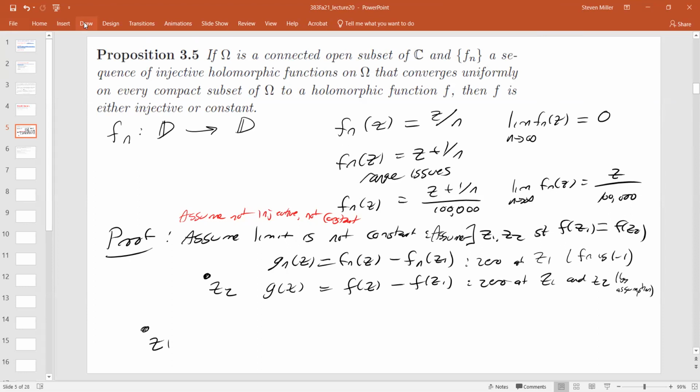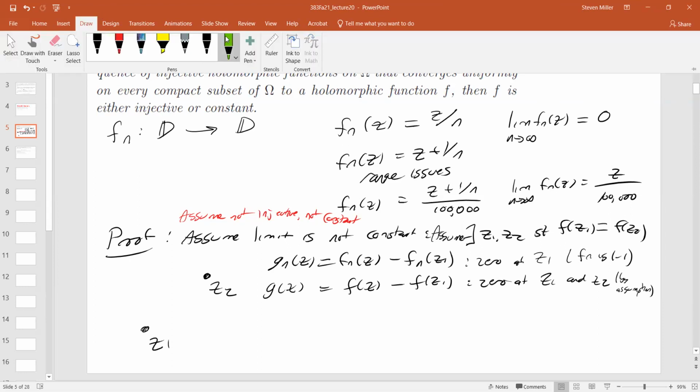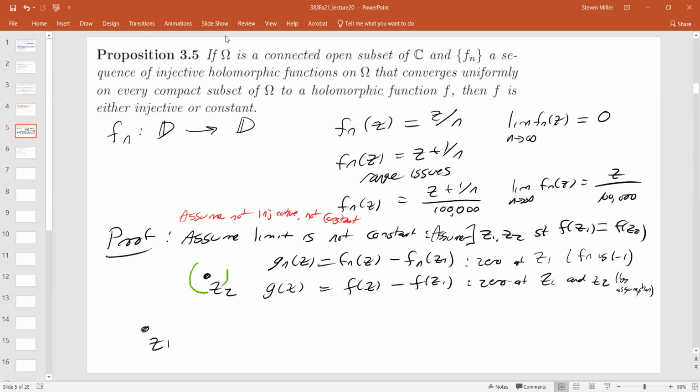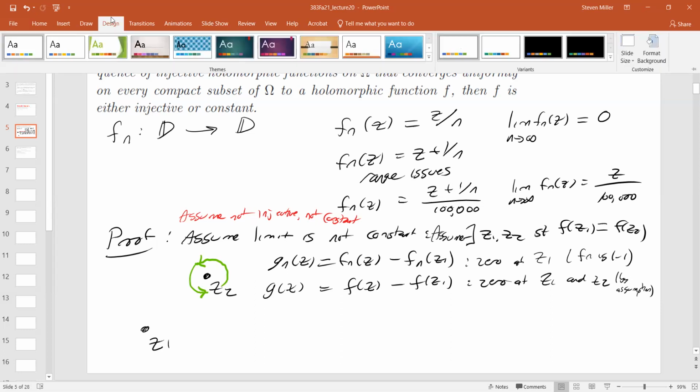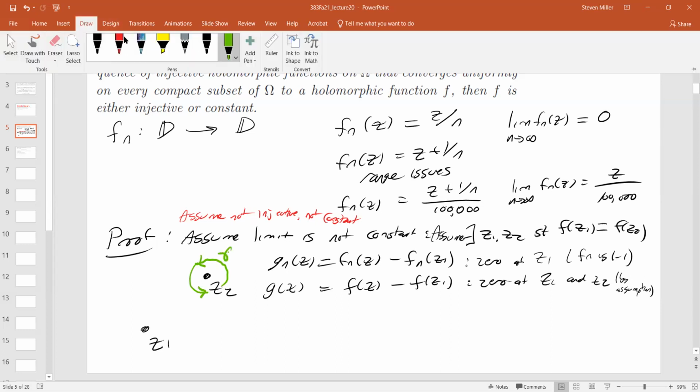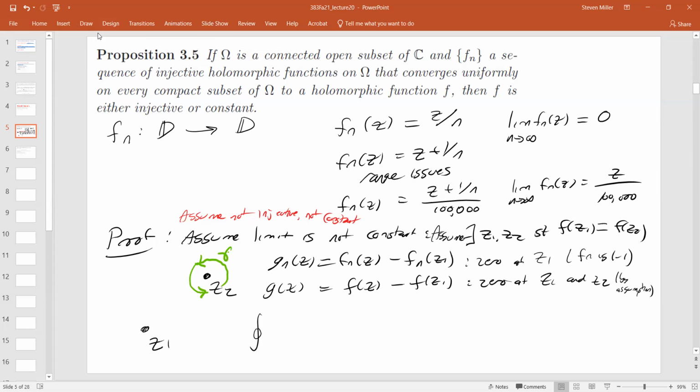So if I draw a sufficiently small circle around Z2, let's call that gamma, what do I know about the integral over gamma? I'll put in the 1 over 2 pi i of Gn of Z prime over Gn of Z dz. What would that equal? 0. Why? Holomorphic has no zeros, yes.